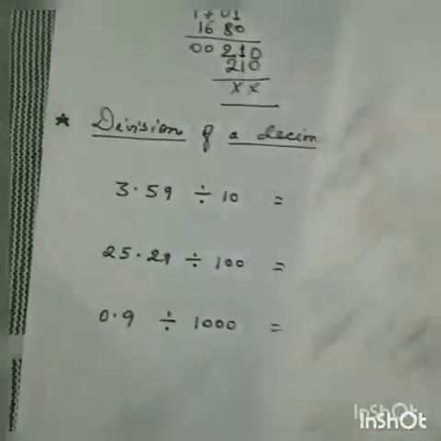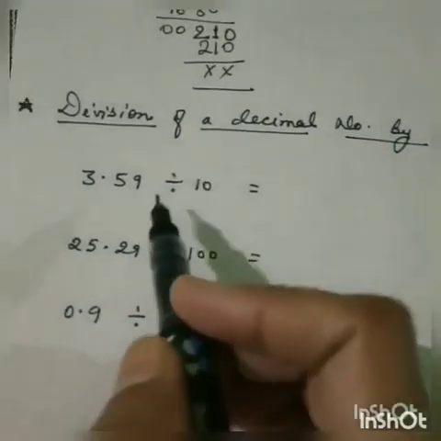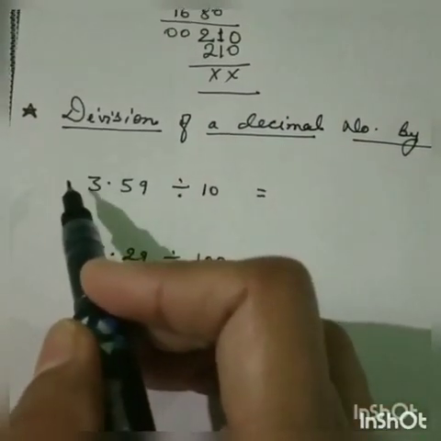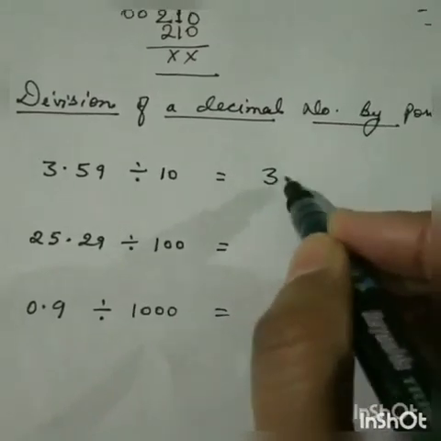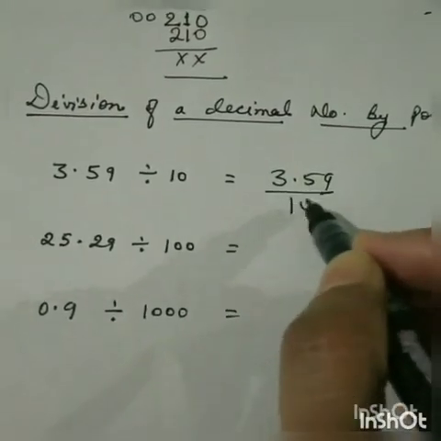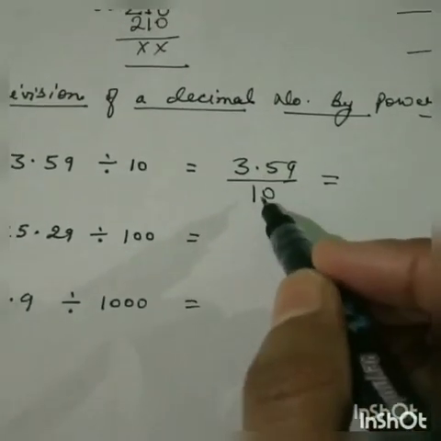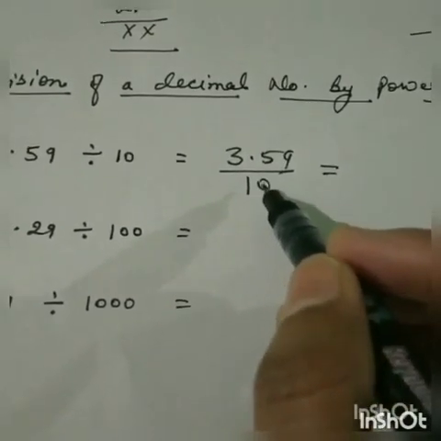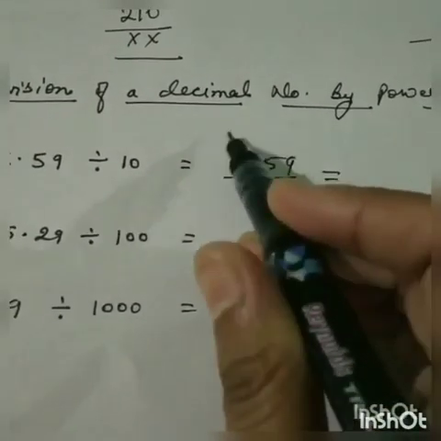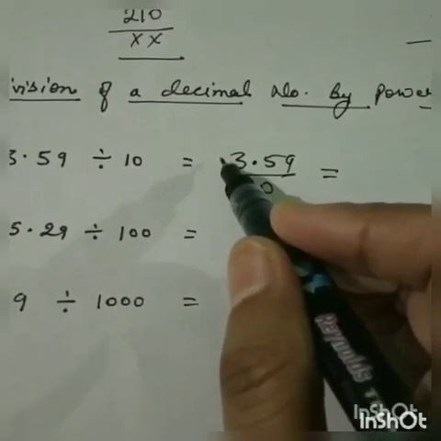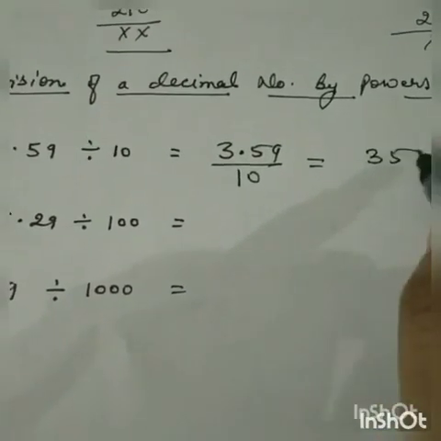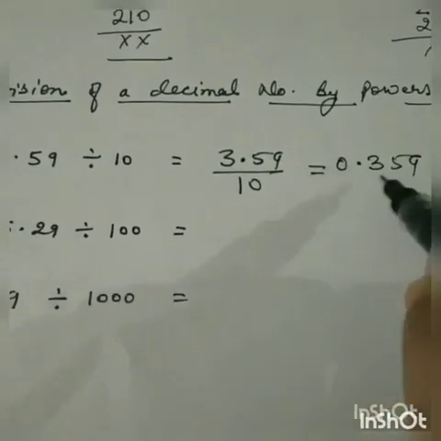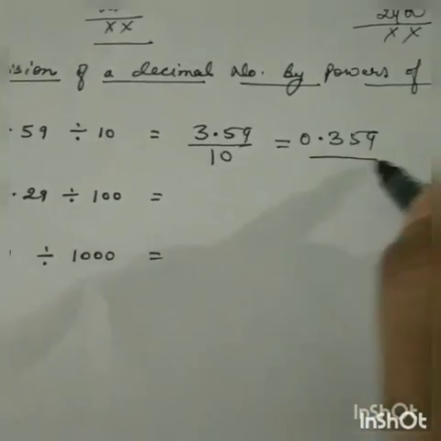But in division, we will shift the decimal to the left side. Let's see how. 3.59 divided by 10. So if 10 is here means 1 zero. So we will shift this decimal 1 digit left side. So point will shift here, it will become 0.359.